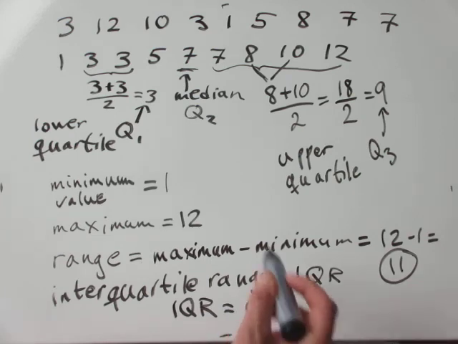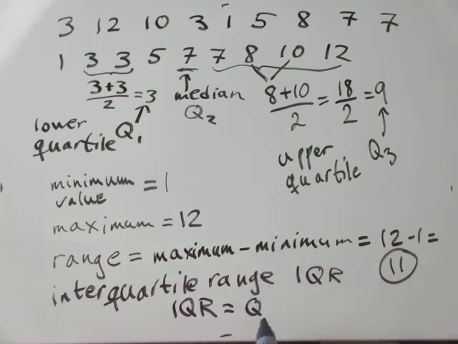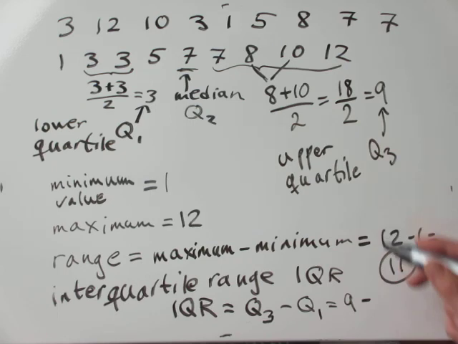Here we took the maximum value of the data set minus the minimum value. But when we look at the interquartile range, we take the upper quartile minus the lower quartile. So in this case, the upper quartile was 9 and the lower quartile was 3, so the interquartile range will be 6 this time.